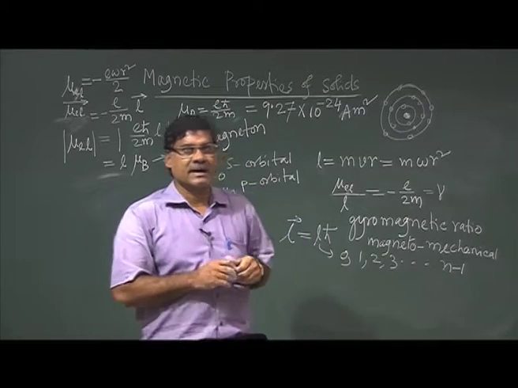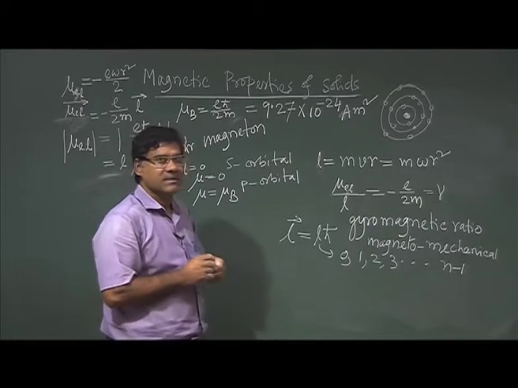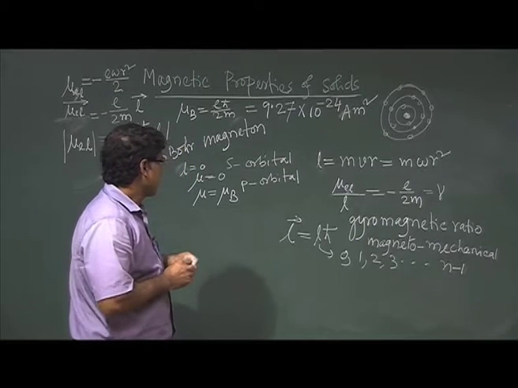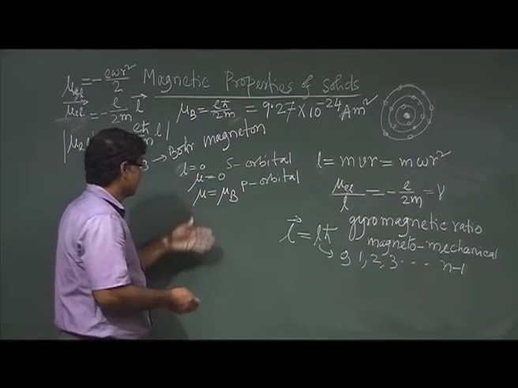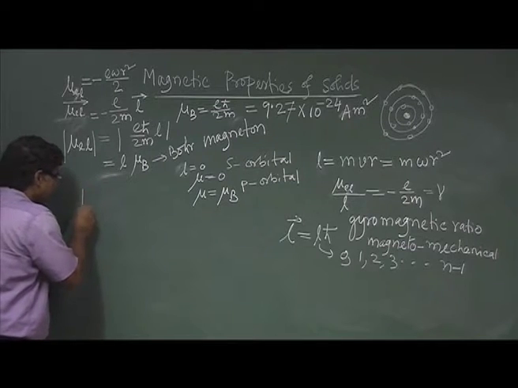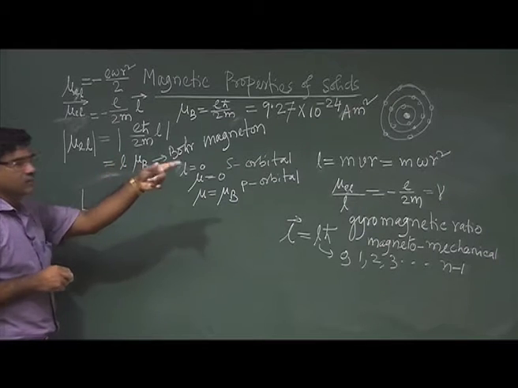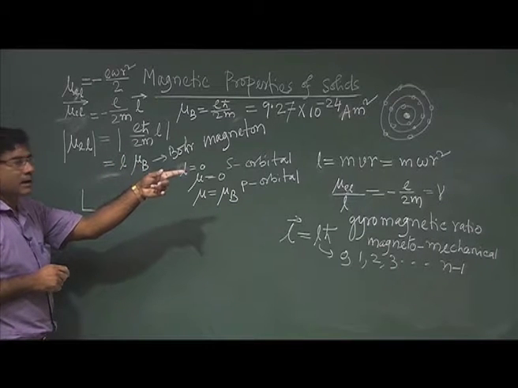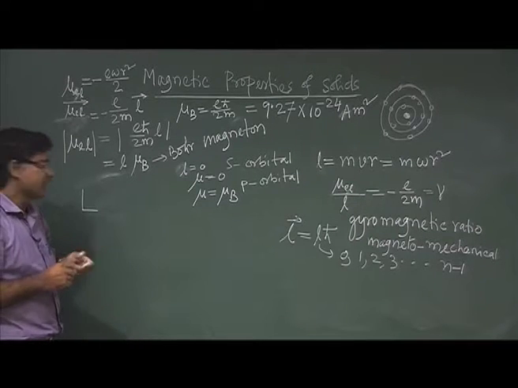So, that basically we get from the vector model, vector summation, right. So, instead of just adding this magnetic moment, one can find out the resultant angular momentum for this atom, okay, coming from these different electrons in different orbits.